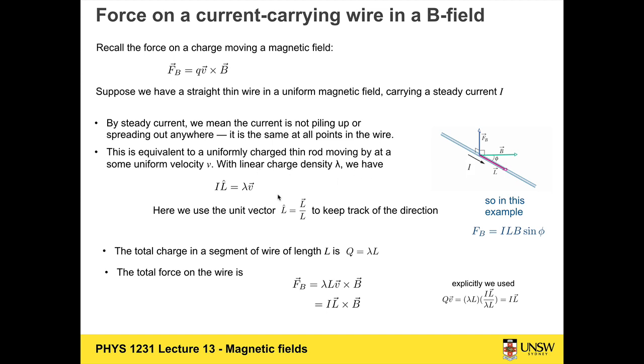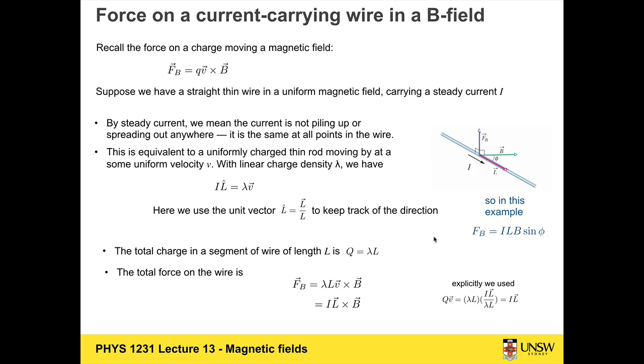We would have the relation that the current I times this unit vector L, which points in the direction of this straight piece of wire, is the charge density times the velocity. You can check that the units of this match. Here we've used this unit vector L, which just points in the direction of the wire, to keep track of the direction.